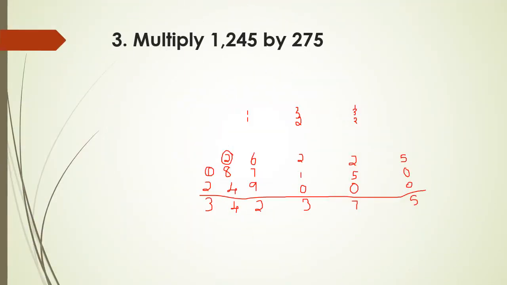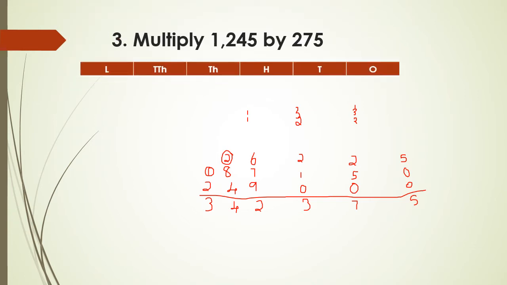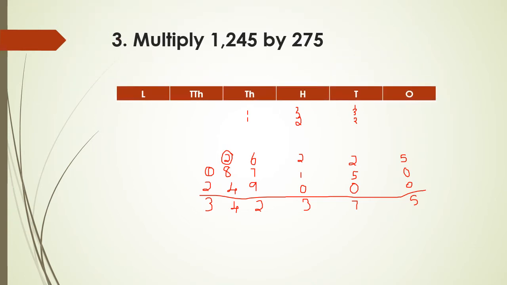Third problem, multiply 1,245 by 275. First you see the number of digits in the problem, 4 by 3. So draw the place value chart for 4 digits. So now write the number under the place value.